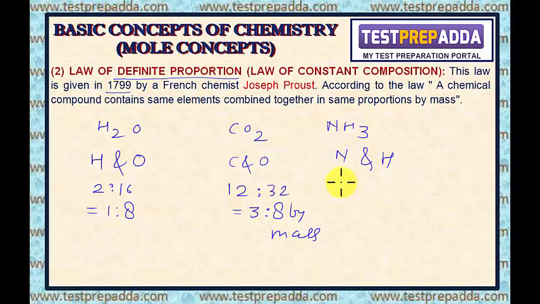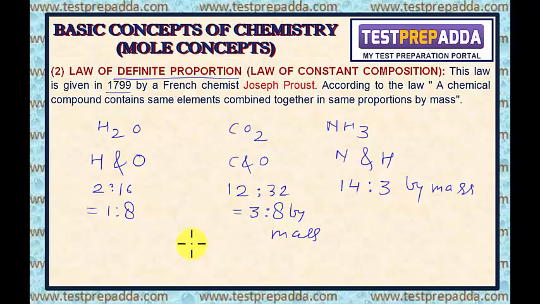And in what mass ratio? 14 is to 3. 14 is to 3 by mass. My point is clear that a compound will always contain the same elements and the mass ratio is definite, constant.